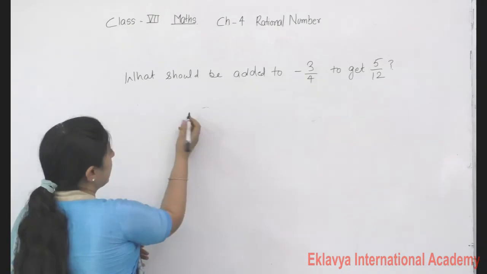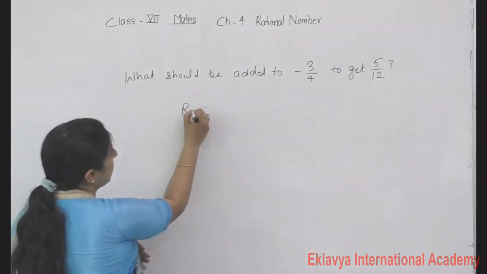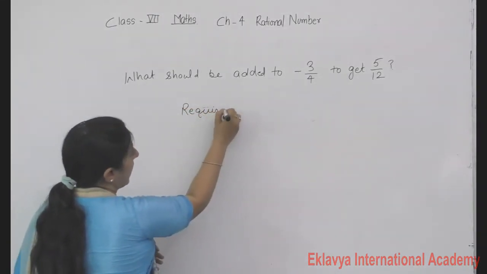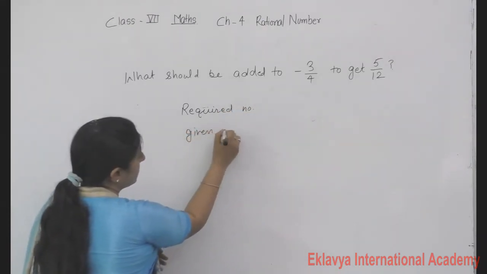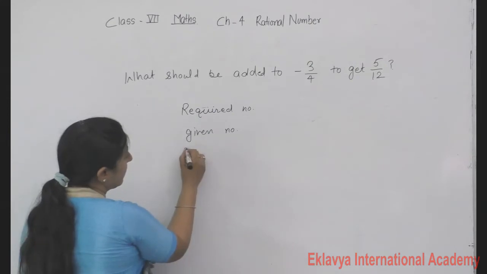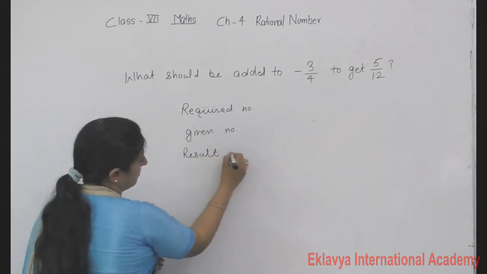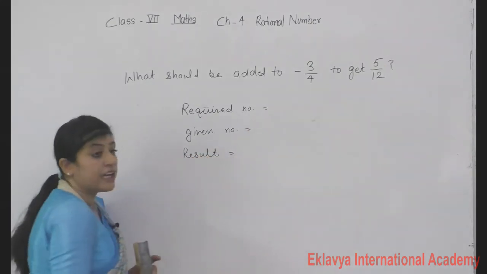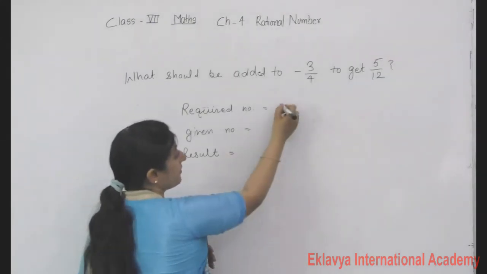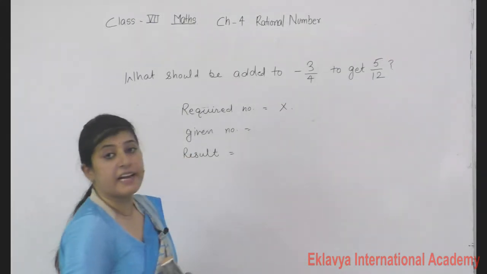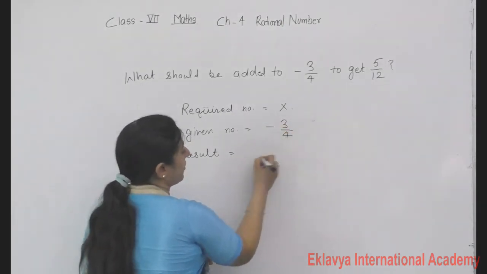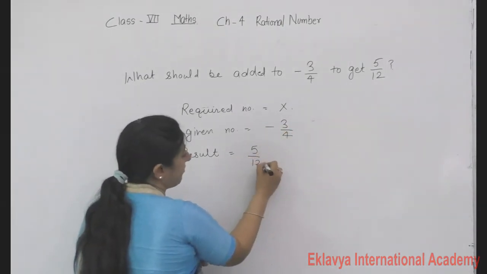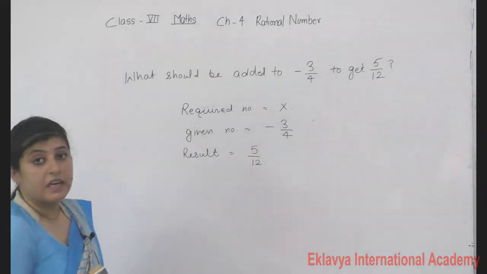In the formula, there are three types of numbers: required number, given number, and result. The required number we don't know, so we can take x. Given number -3 by 4. Result we need 5 by 12.